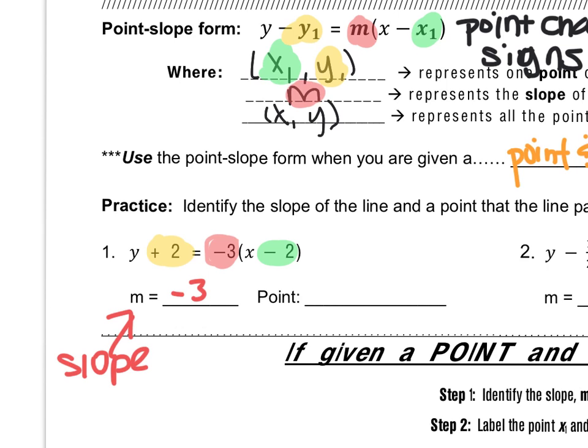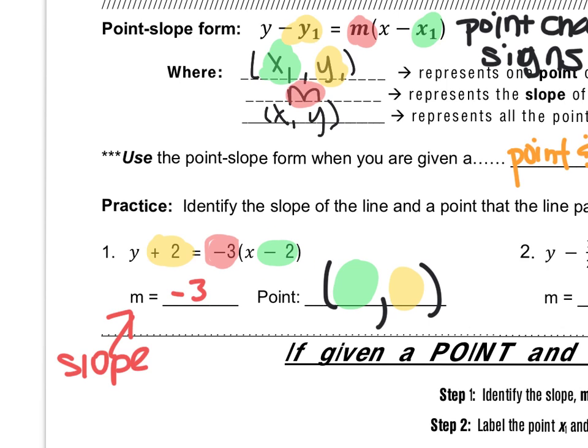The next thing I'm asked to find is the point. So point, first of all, is going to be an ordered pair with parentheses, and it is always an x value and a y value. Notice I'm color coordinating these very intentionally. So my job is just to figure out what those numbers are. If I look in the problem, my x value is this -2.